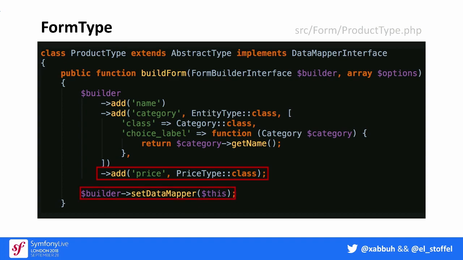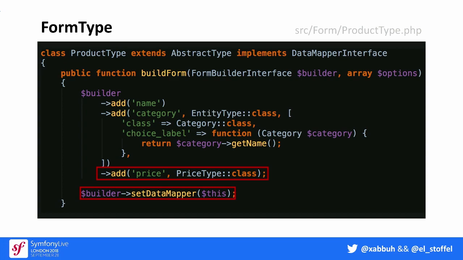We are telling the form builder that we are replacing the built-in Datamapper. The built-in Datamapper just deals with property paths, so it maps our name here to the getName and setName methods, and we have to replace that because our model doesn't fulfill this basic expectation that the form component has.